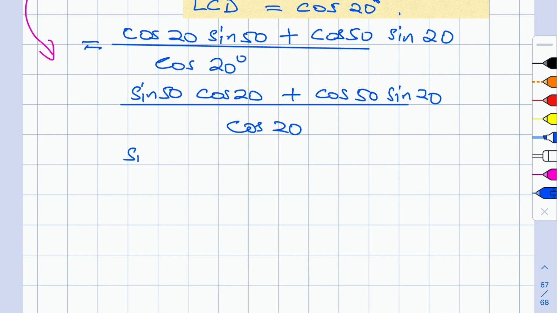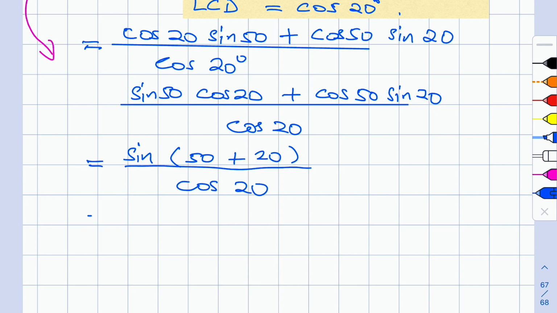sine of 50 plus 20 all over cos 20. So 50 plus 20 would be 70, so that is sine 70 over cos 20.